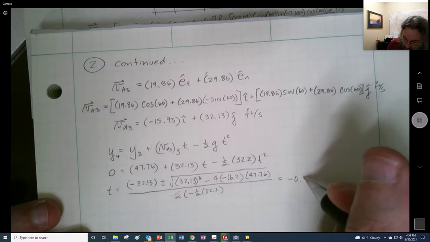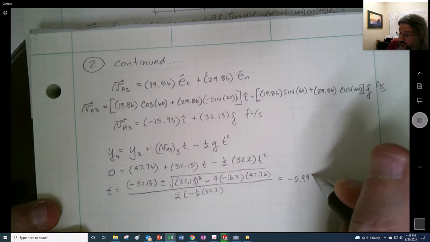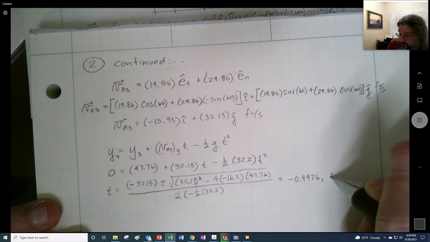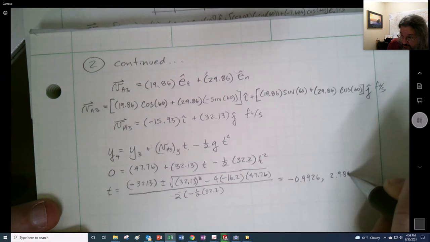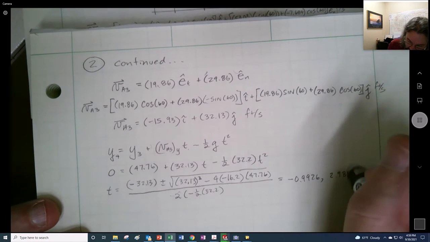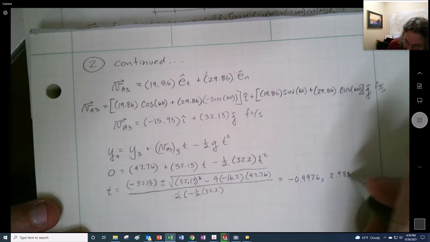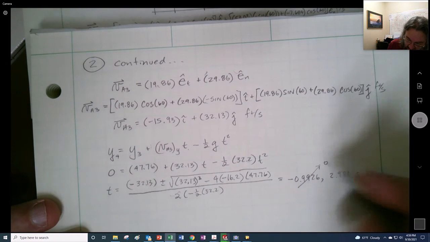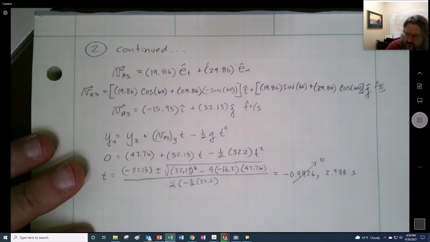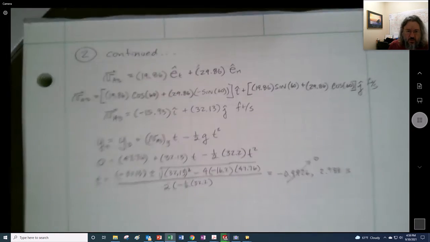A negative 0.9926 and 2.9884. Well, there's a lot more sig figs than we need, but we can't have negative time. Can't go back to 1986. But I remember it well.